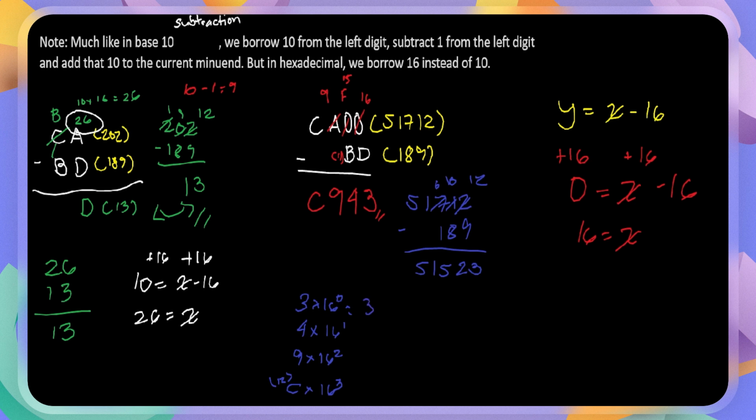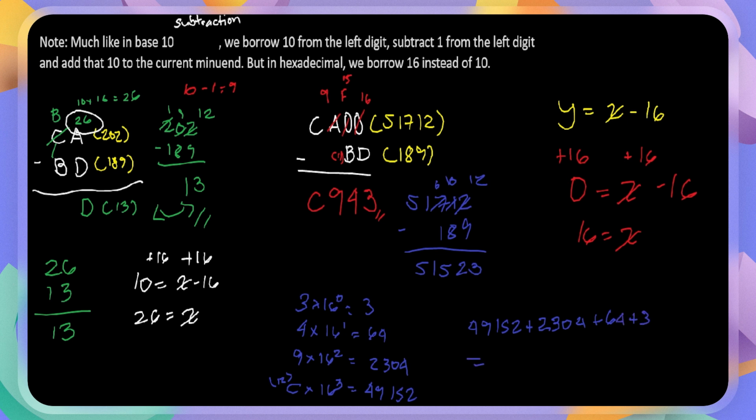So let's check that. That's just going to become a 3. 4 times 16 is 64. 16 raised to 2 is 256 times 9, 2,304, right? And then 16 raised to 3, 4,096 times 12, that's 49,152. 49,152 plus 2,304 plus 64 plus 3.